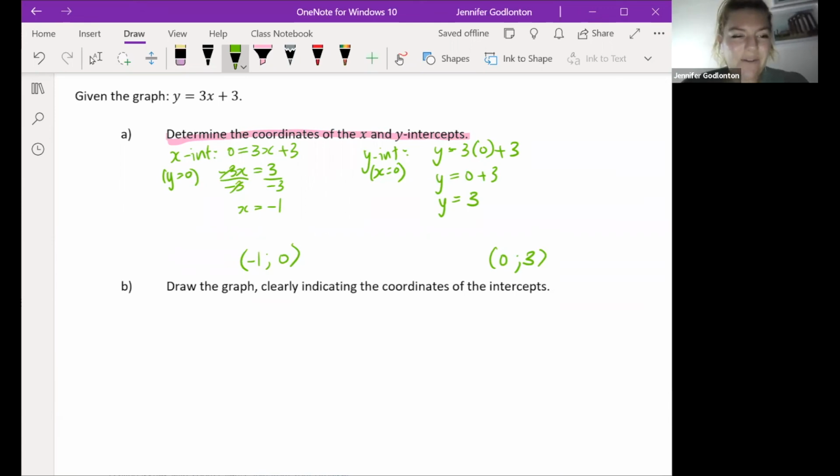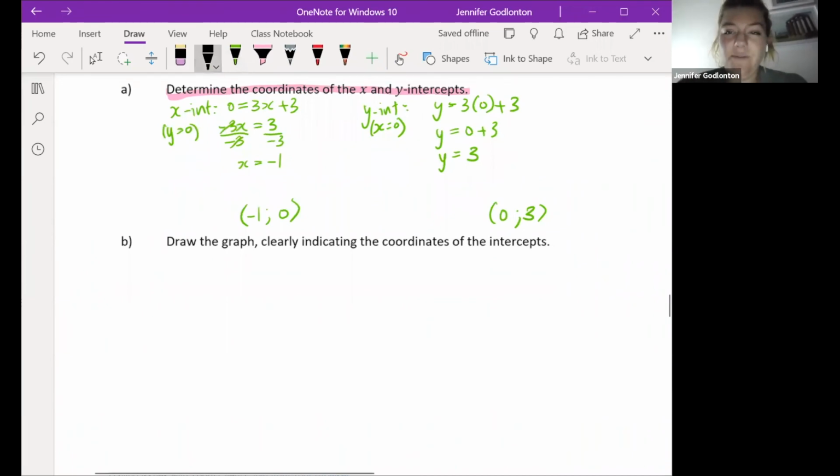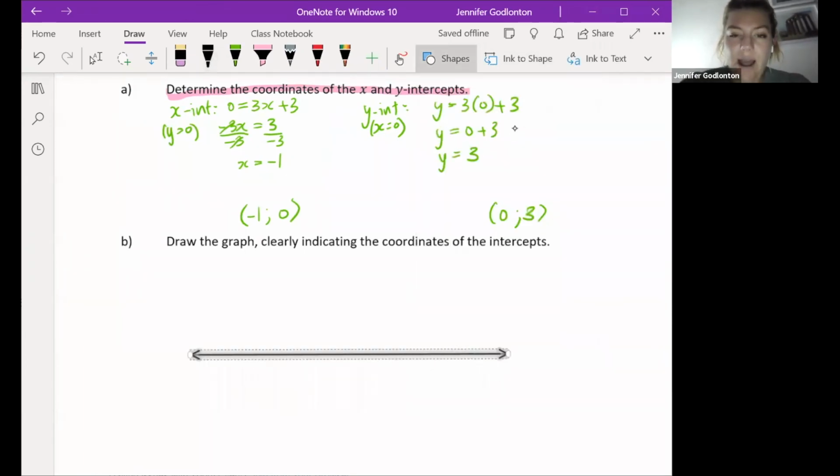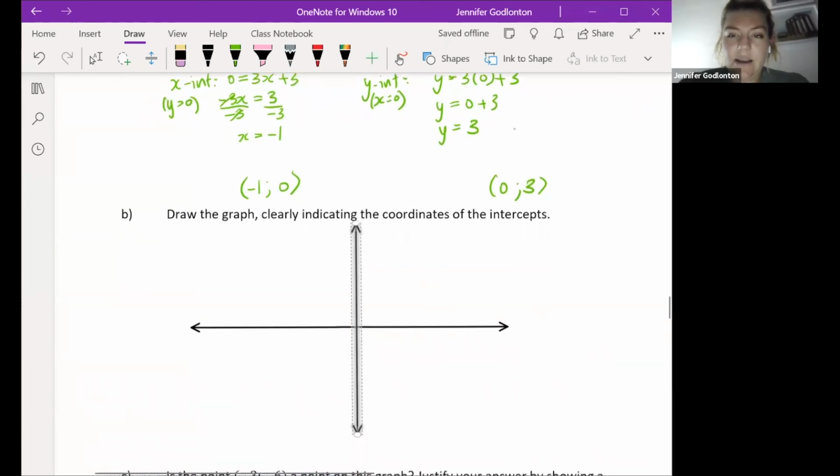Okay, now that we have got those coordinates, I now would like you to plot this graph. So I want you to draw your axes. So you're going to draw your x-axis and your y-axis. And I want you to plot these 2 points.